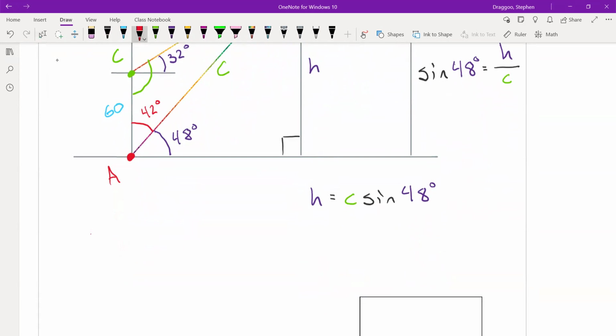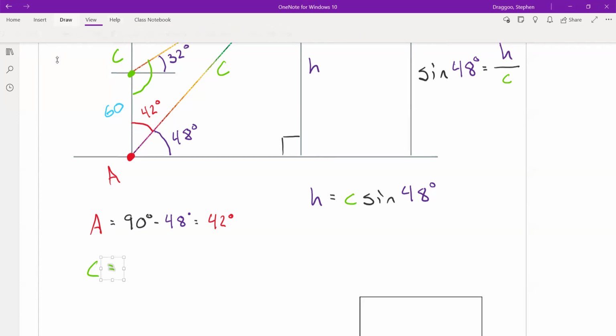We know that angle A should be the difference between 90 degrees and 48 degrees, since those two together need to make up a right angle. We already wrote that one down. It was 42 degrees. Next, we'll get angle C because we know it's related to one of our angles of elevation, but isn't exactly equal to it.